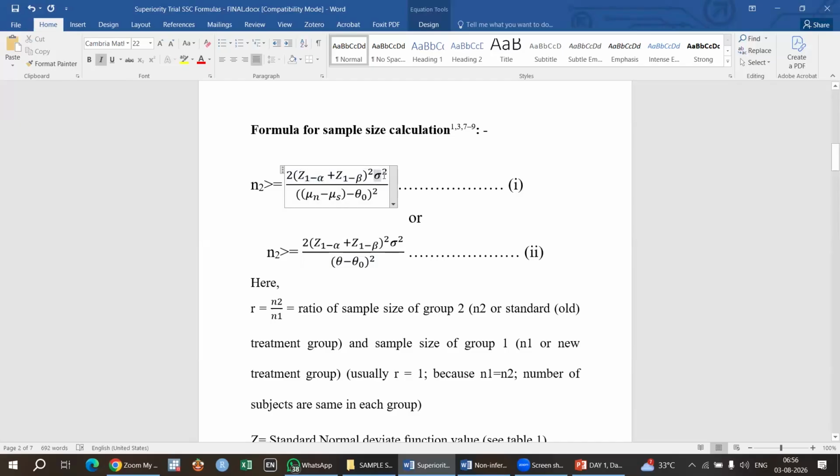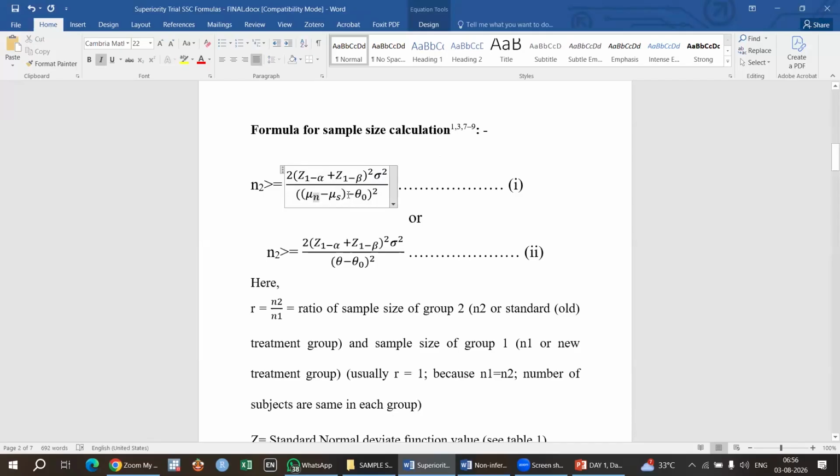Sigma means standard deviation. And here it is mu1 minus mu(s), the mean of new treatment minus the mean of standard treatment.